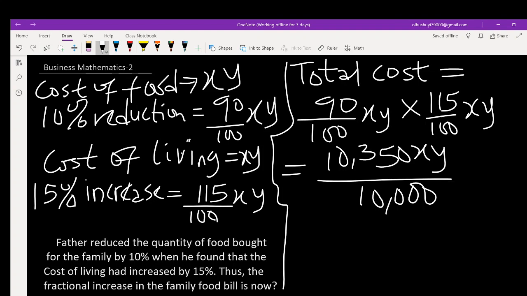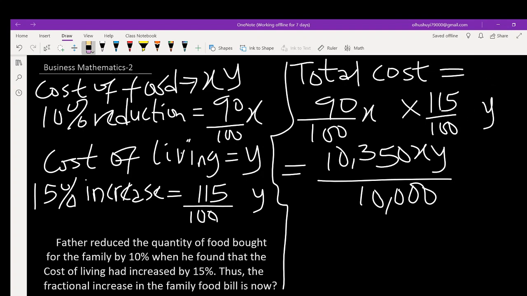We make the cost of food X, when X is reduced by 10%, and the cost of living is Y. Let's use this as Y. So that we have X and we have Y here.